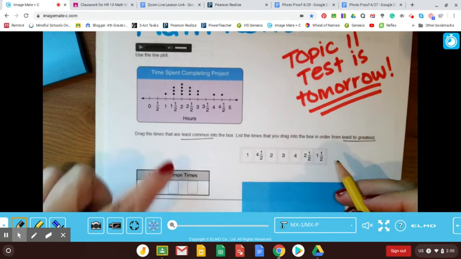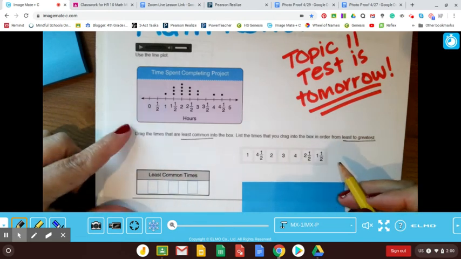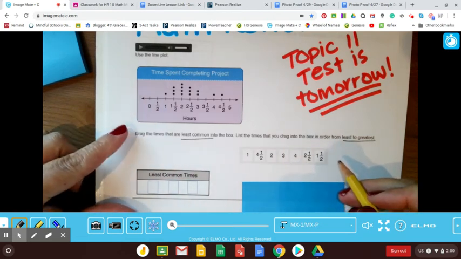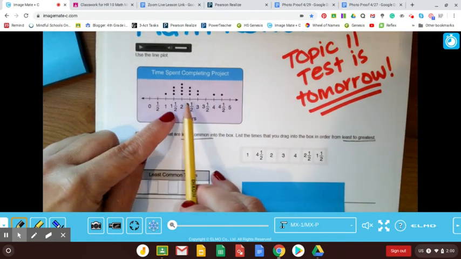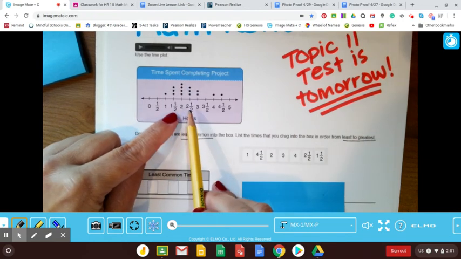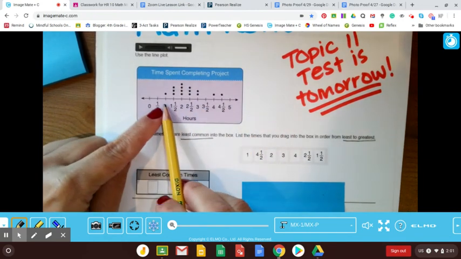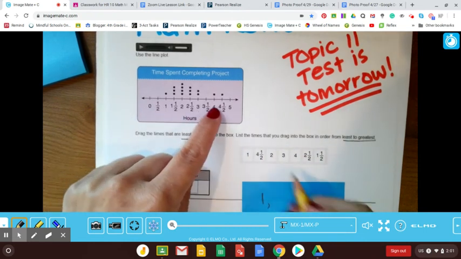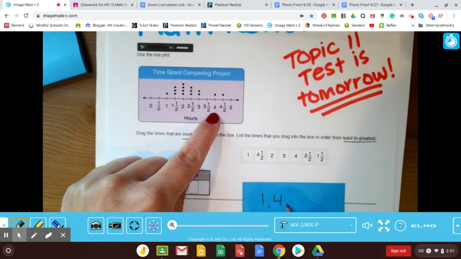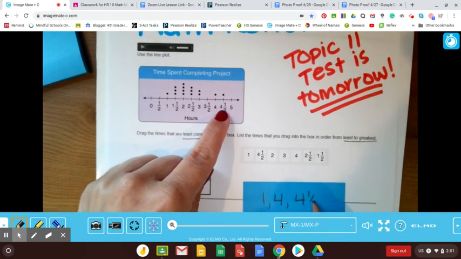So really there's two things here. We need to identify the times that are least common. So I'm looking up here. I notice that 2 is a really common time, 2 hours. It has lots of dots above it, but the least common would be 1 and then 4 and then 4.5.